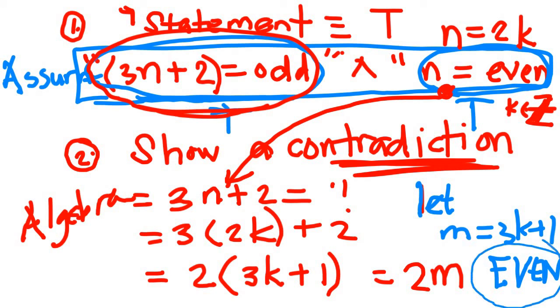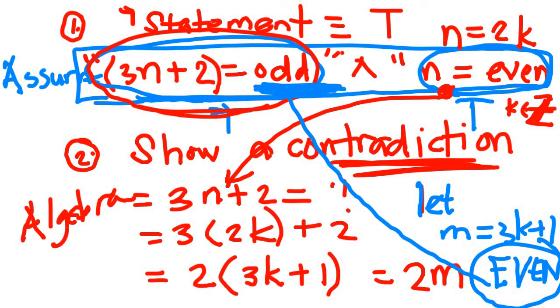Now, this result is a contradiction to the original assumed truth, which is that 3n + 2 is an odd number.